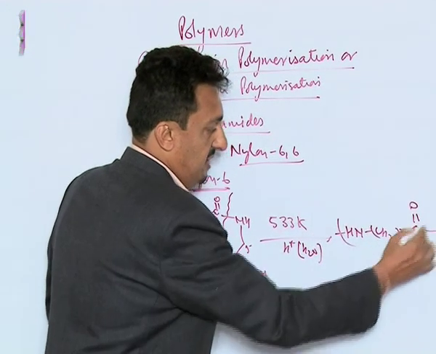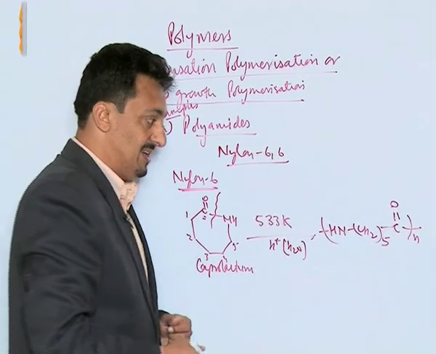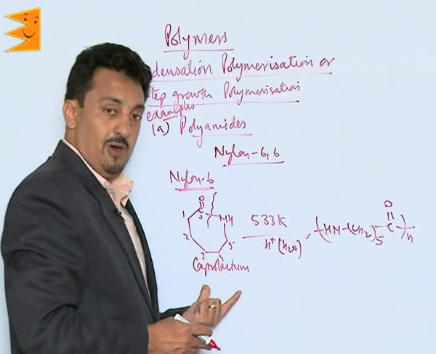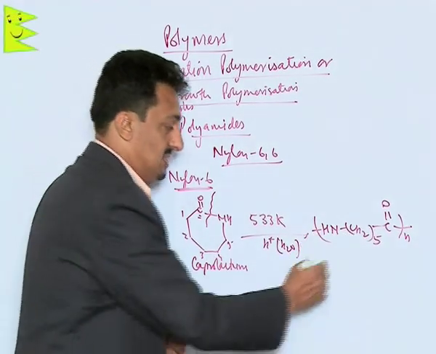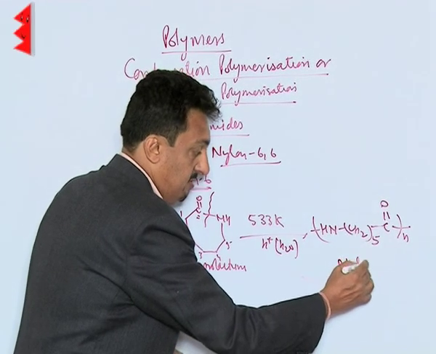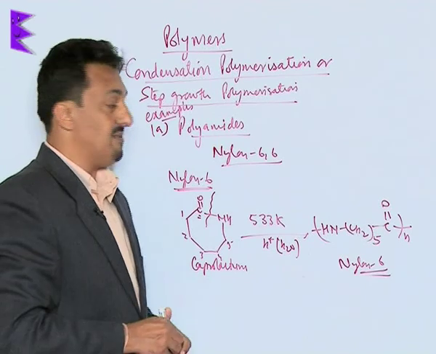So, this is how we have this monomer which combines again with each other through amide linkages. So, it's a homopolymer of caprolactam, and the polymer formed is nylon, but since its monomer has only 6 carbon atoms, it's called nylon 6. So, these are polyamides.